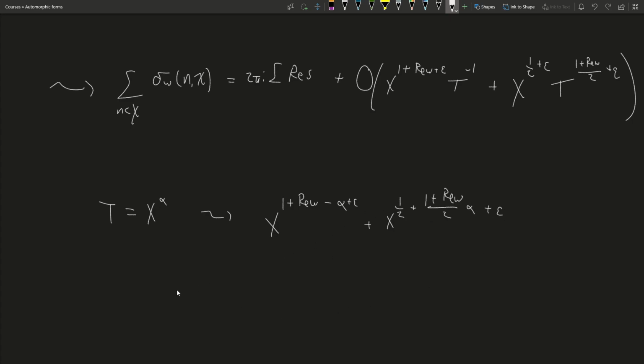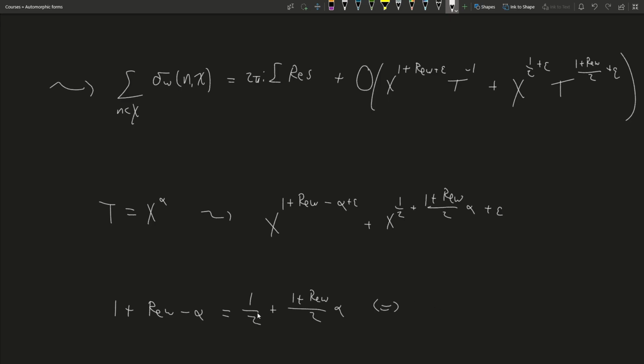If we want to balance error terms, let's set 1 plus real part of w minus alpha to be equal to this exponent. And okay, let's solve for alpha and see what we get.